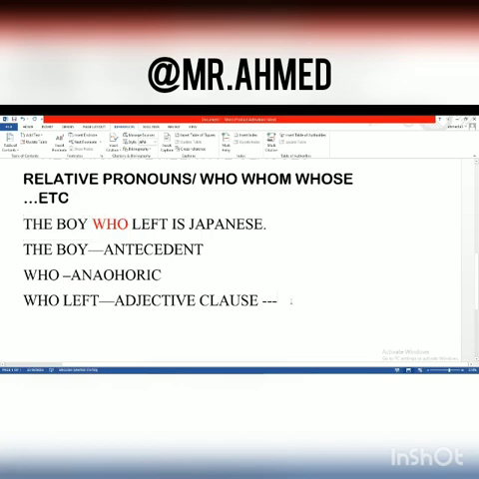Okay, because it restricts the antecedent. من هو الانتسيدنت؟ اللي هو the boy. فهاي ال who left تحل محل adjectival clause.